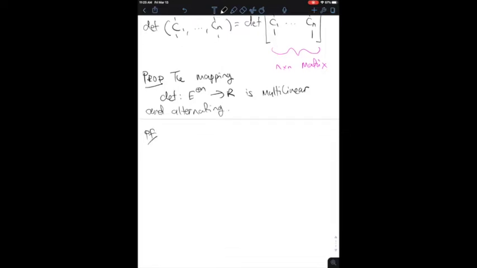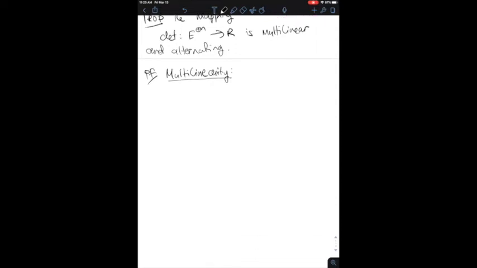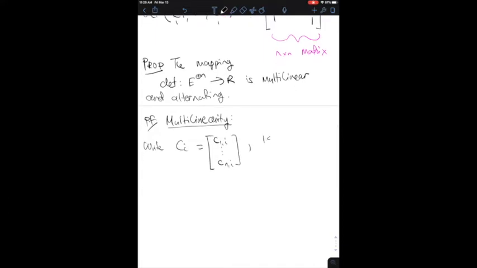So let's first prove the multilinearity part of the proposition. To do this, write each column vector Ci as, let's give it entries C1i up to Cni. And we do this for each of the n columns.